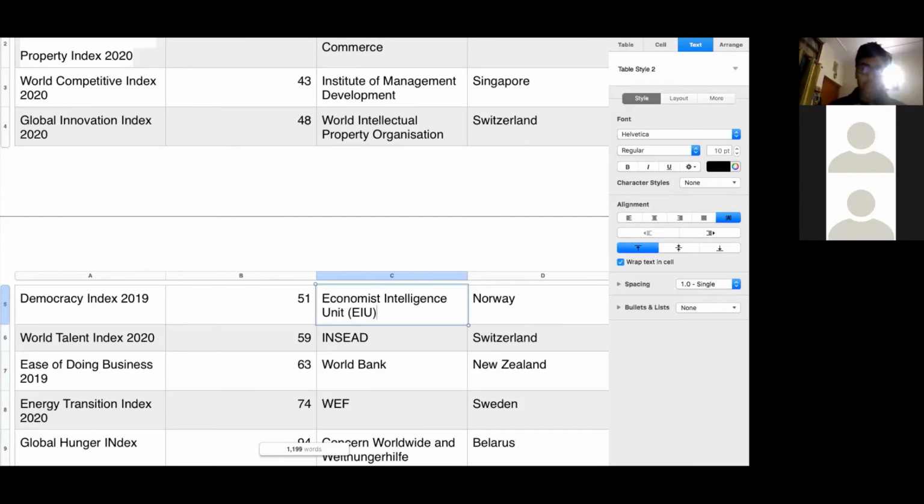In fact, you are going to come across a lot of these countries from Northern Europe, like Norway, Denmark, Netherlands, Switzerland, Finland, Sweden. These countries rank among the top in most governance, business, and development rankings at most places.